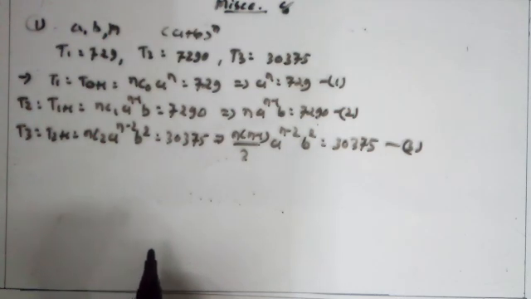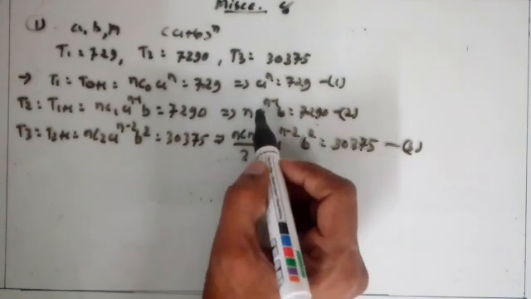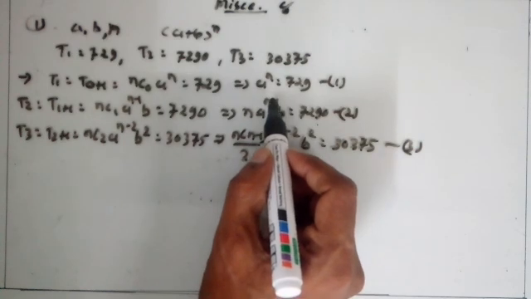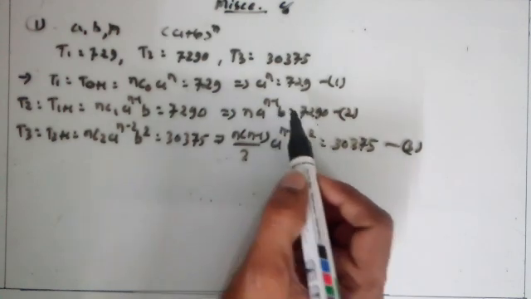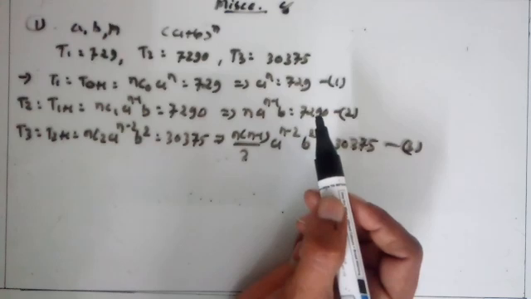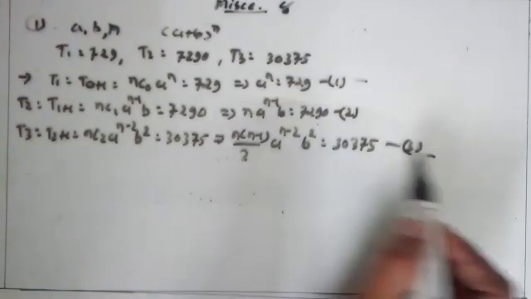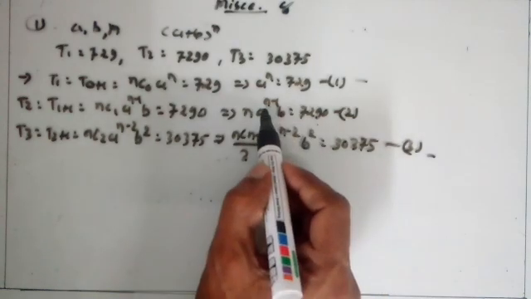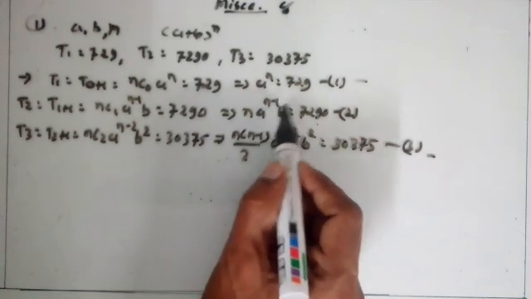Now think how to get a, b and n. Here, if we take the product of the first and the third, we get a raised to 2n minus 2, b raised to 2, and the square of the second equation also gives a raised to 2n minus 2, b raised to 2.